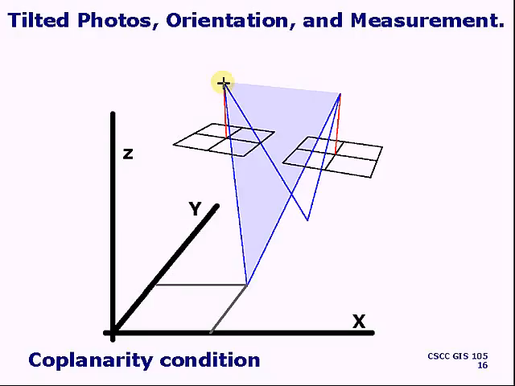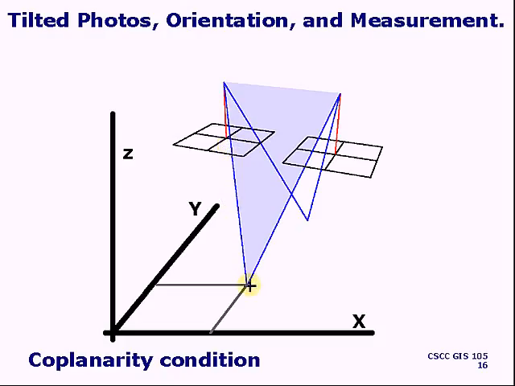There exists a three-dimensional plane that contains all of those points: both focal points, both photo coordinate positions, and the ground point.